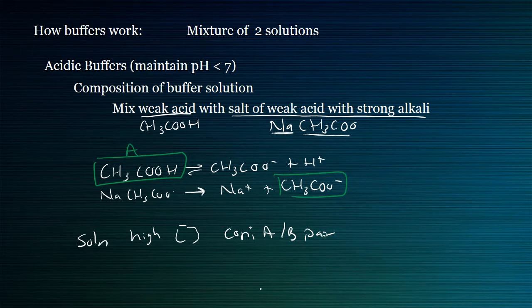If you look at the dissociation of CH3COOH, you're like, well, it has its own conjugate base there, right? Well, because it's weak, it doesn't dissociate much. That is why by having a salt with full dissociation, we guarantee we will have a high concentration of the conjugate base in addition to the conjugate acid. And these are called reservoirs. They're ready to react to any addition of H plus or OH minus added to the system.